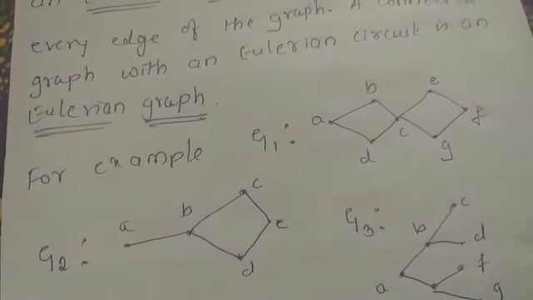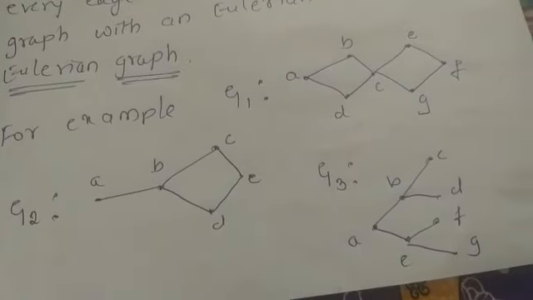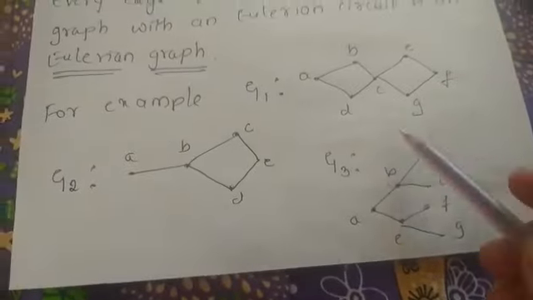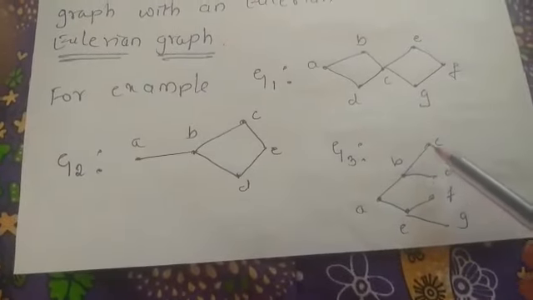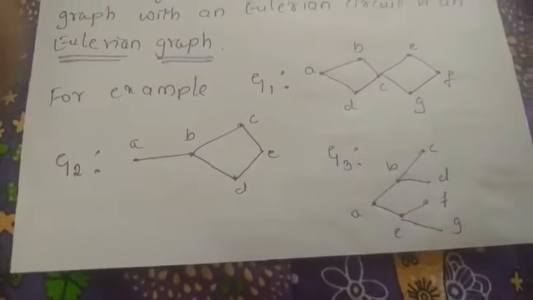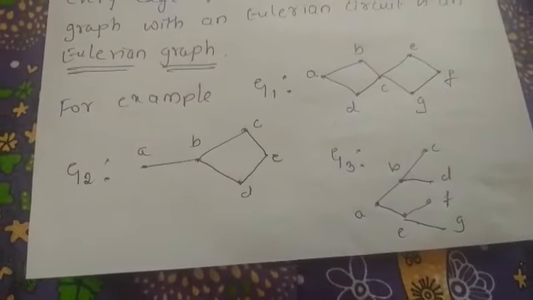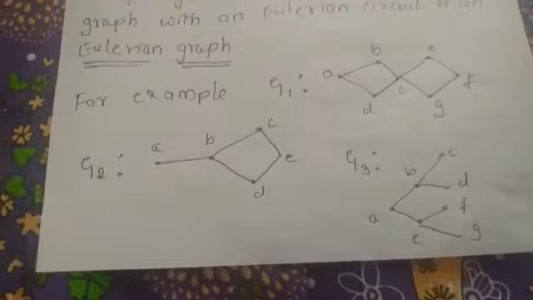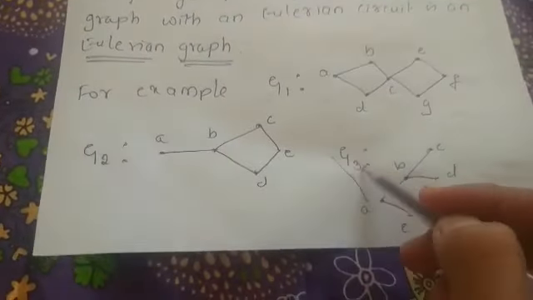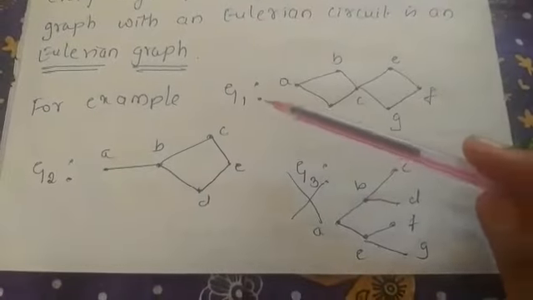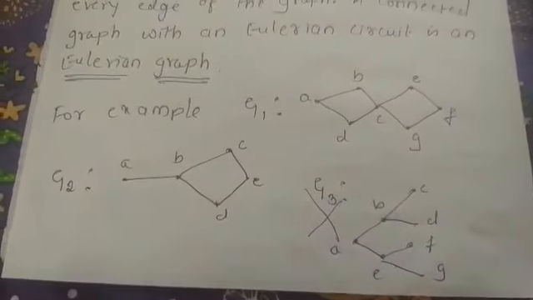So we can say G1 is an Eulerian graph. But in G3, it is very difficult to construct a path which includes all the edges. Therefore G3 does not have any Eulerian path and does not have any Eulerian circuit. So G3 is not an Eulerian graph. Now we observe these three graphs very carefully.